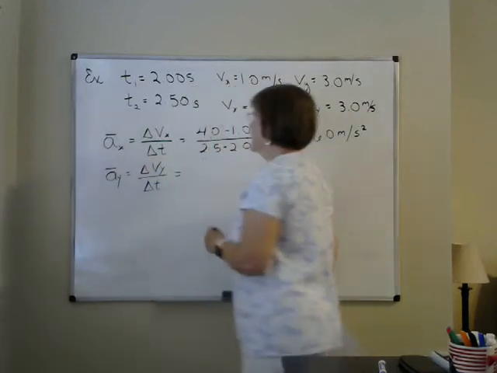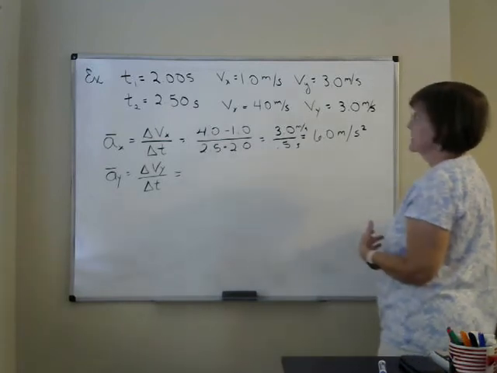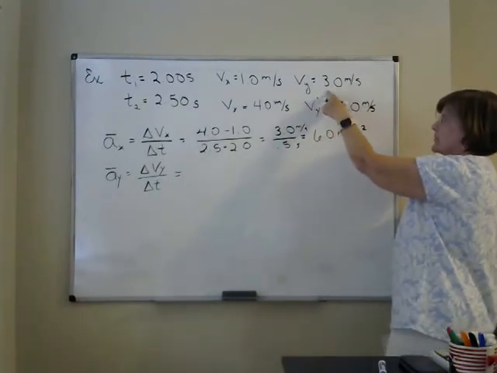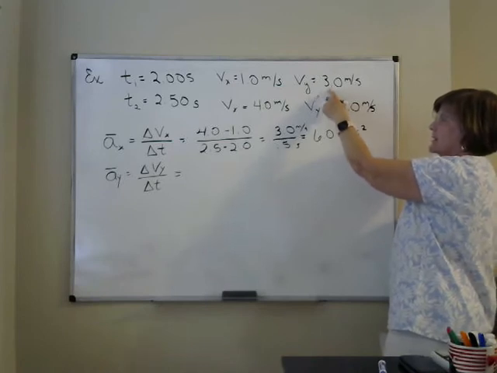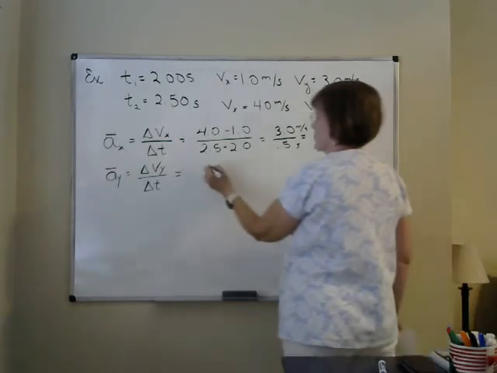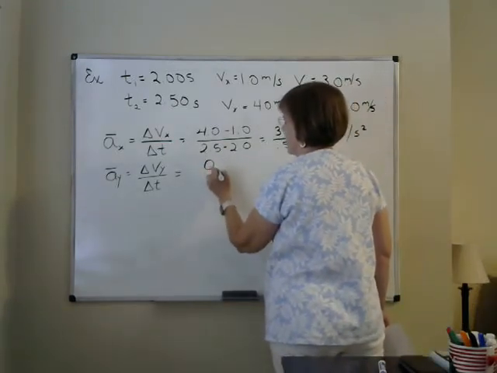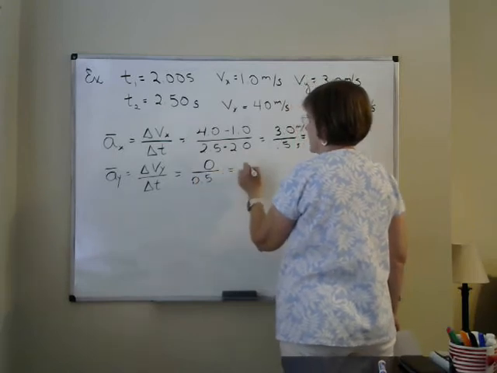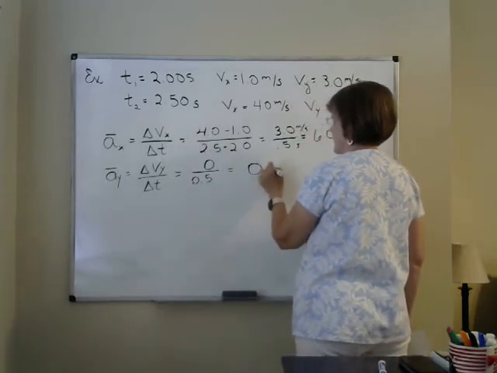The change in the y component of the velocity, Vy, is 0. It was going 3 meters per second vertically at 2 seconds. It was going that same 3.0 at 2.5. So our change in velocity here is 0. So our acceleration is 0.